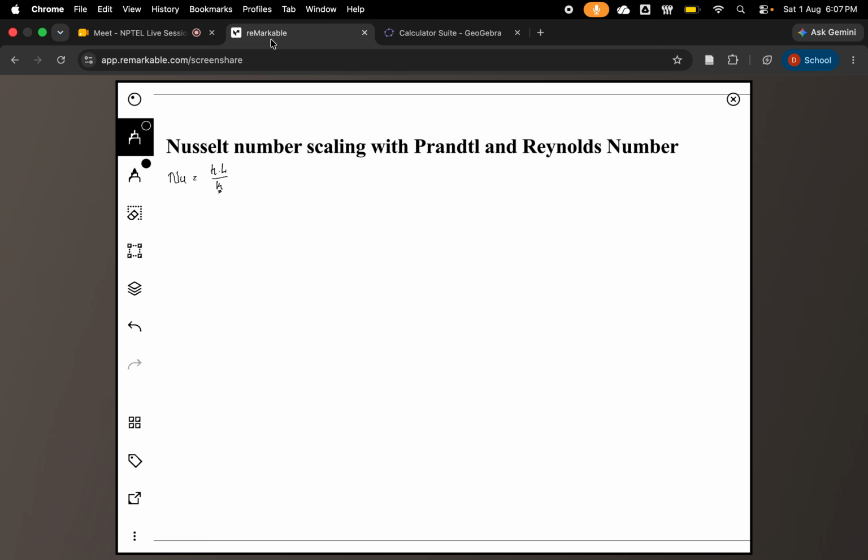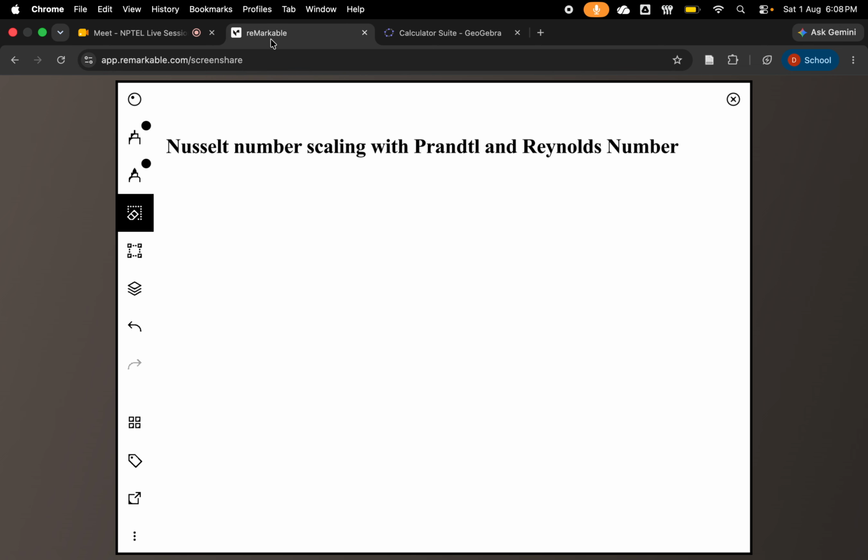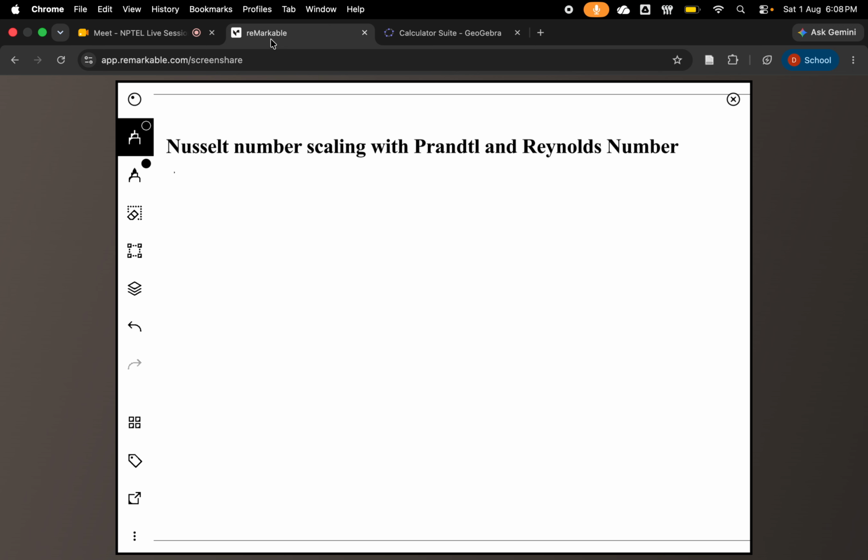But for now, to determine the Nusselt number scaling with Prandtl and Reynolds number for different cases, again we come to the same point where we start with the balance between different terms. So we already know that u times del u del x between the inertia term and viscous term. When we do the balance between inertial and viscous forces, we came to the equation that delta by x is of the order of Re x to the power minus half.